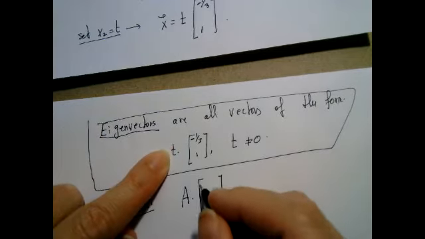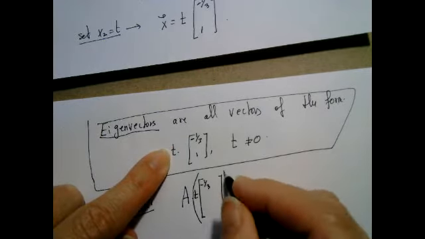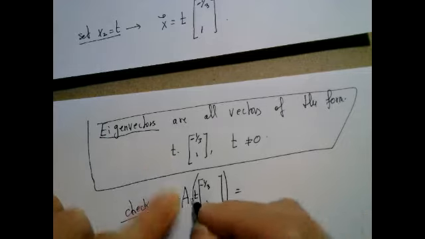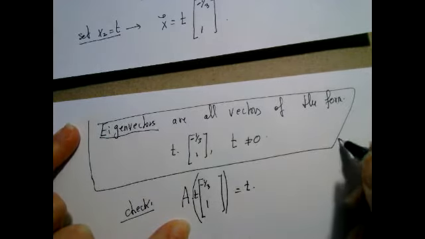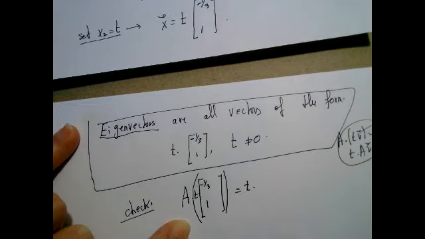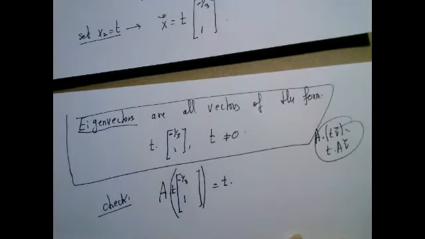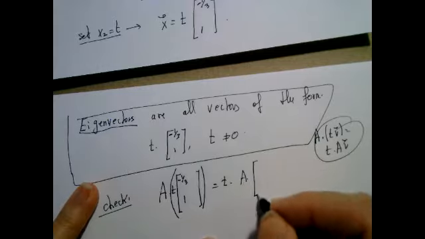A typical vector here is a scalar times that. Now t is a scalar, I can move it out, because if you have A times a scalar times a vector, we can always take the scalar out. That's a property of the linearity of multiplying by a matrix. So this is A times minus a third, 1.